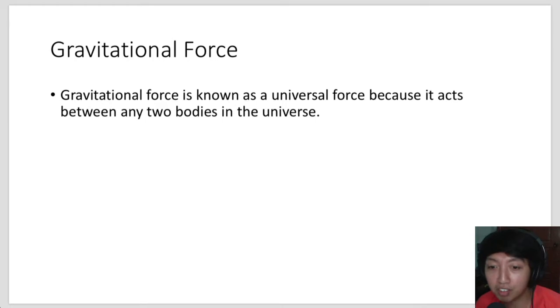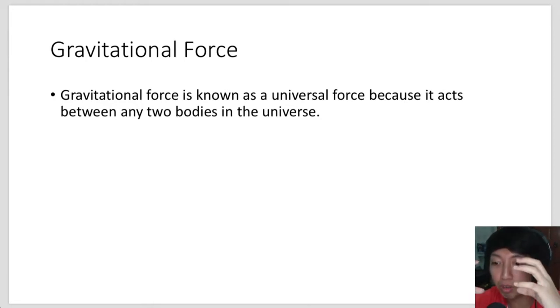So gravitational force is known as a universal force because it acts between any two bodies in the universe. So anytime there are two bodies, whether it's a planet and another planet, or a planet and a moon, or a planet and a star, or anything, whether it's two small objects or two large objects, there is a gravitational force wherever you go in the universe.